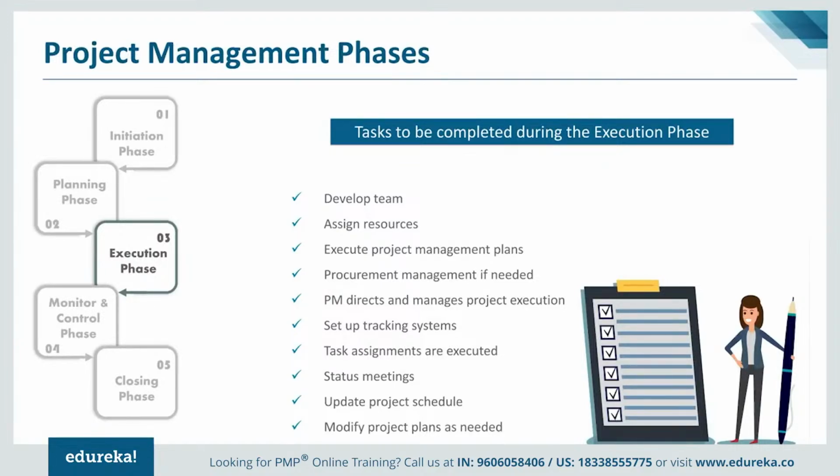And what's most important is that as a project manager, I should be able to direct my team. I should be able to manage the execution effectively by continuous monitoring. That's where your tracking system will come into the picture. These days, I've seen we mostly use tools. It could be MS Project, or Clarity from CA, or even a simple Excel sheet.